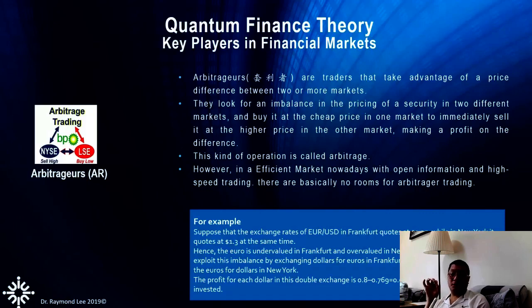So arbitrageurs, if this happens, will of course exploit this imbalance in the price by exchanging dollars for euro in the Frankfurt market and then exchanging back in the New York market, making a very big profit, 3%. Of course, you can try using MT4, but now it becomes very difficult because the information flow is so fast.